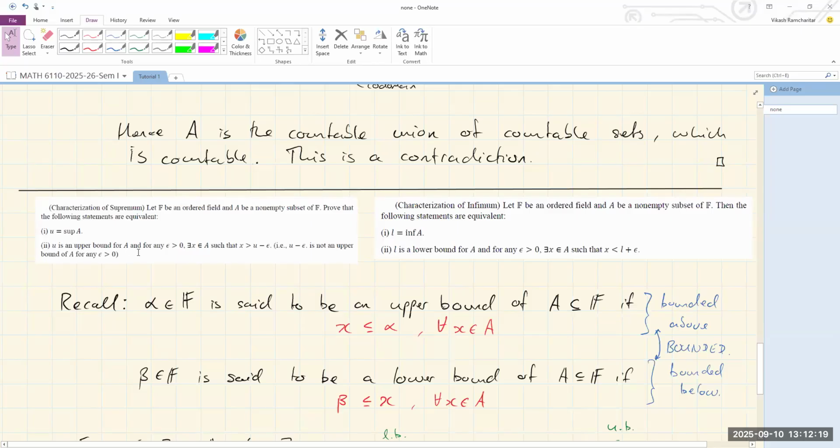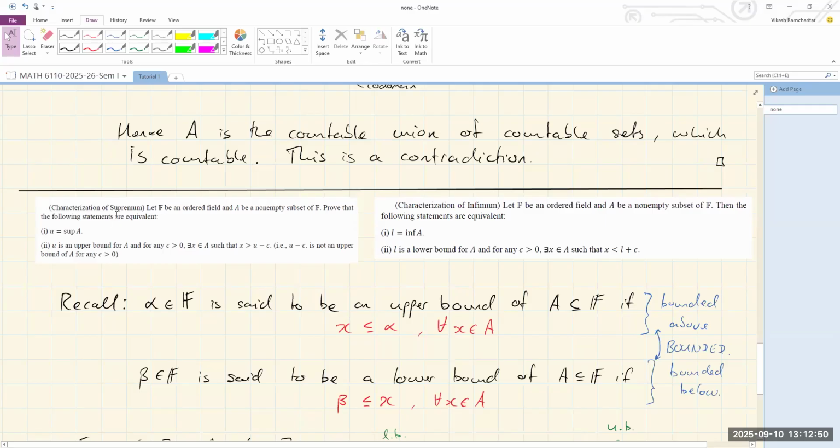This gives us a very precise way to prove that something is the supremum and prove that something is the infimum. We'll go through the proof for the supremum, and I encourage you to sit and write down the proof for the infimum case. It is pretty much the same as the supremum case. You just need to adjust the inequality signs accordingly.